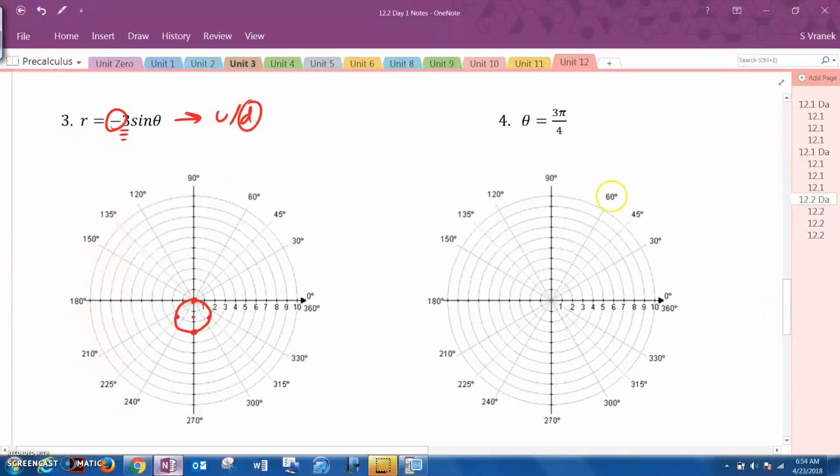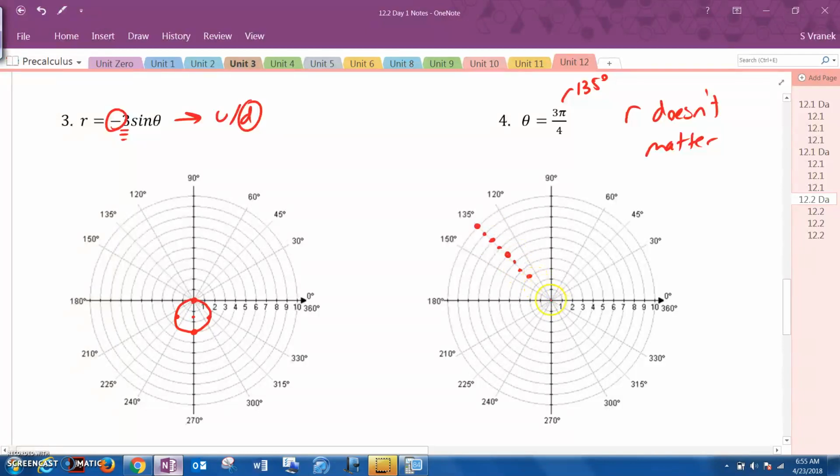Lines are even easier. Now I'm telling you, you can't graph this line on the calculator because it's just theta equals and we don't have that. But think about it, theta equals 3 pi over 4, so r doesn't matter. So that means if I'm at 3 pi over 4, which by the way is 135 degrees, I can have an r of this, I can have an r of this, I can have an r of this, that, any r possible.